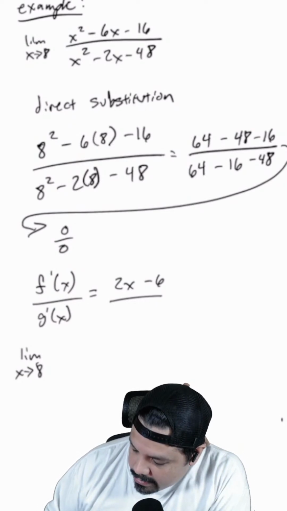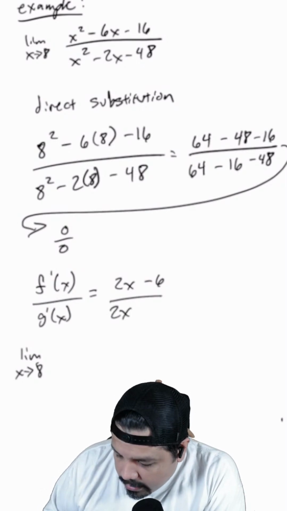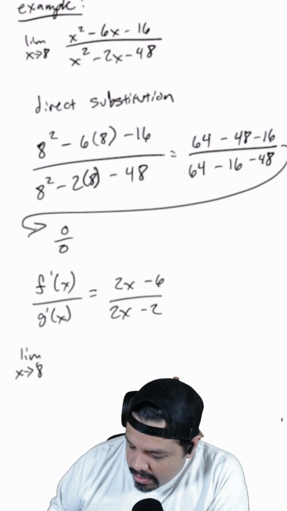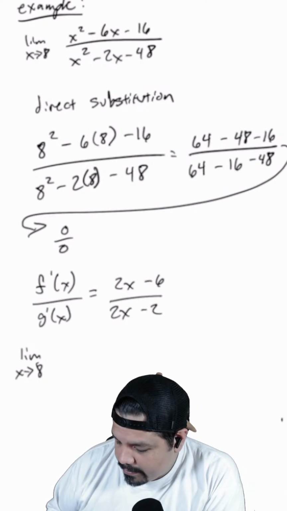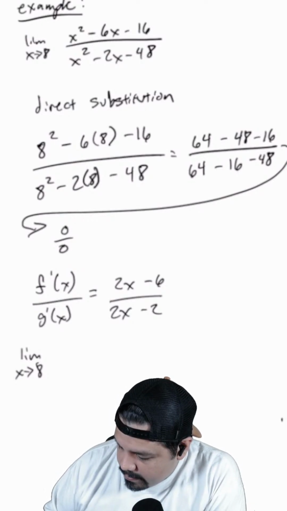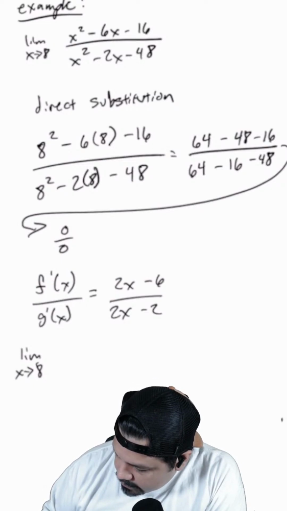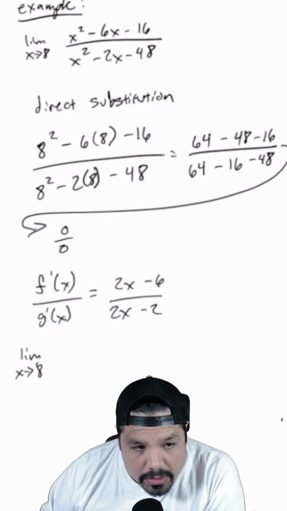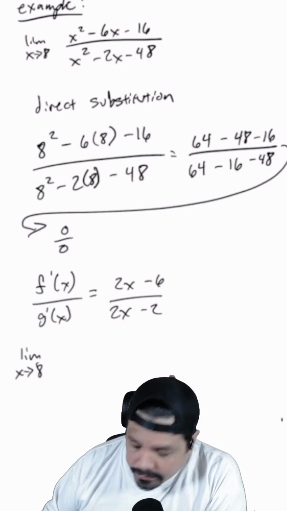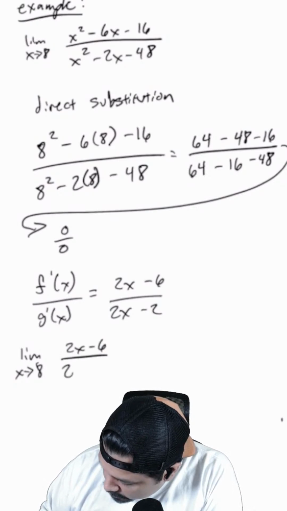Now I'm going to say the derivative of x squared, 2x again, minus 2. That should be good to go. So, what do we have? Let me look. 2x minus 6 over 2x minus 2.